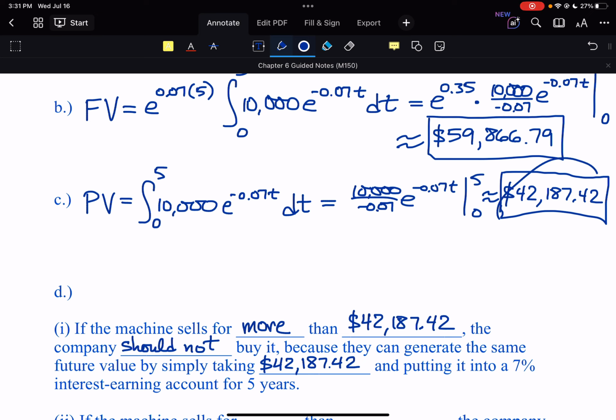Okay, so this is our present value to yield that future value.